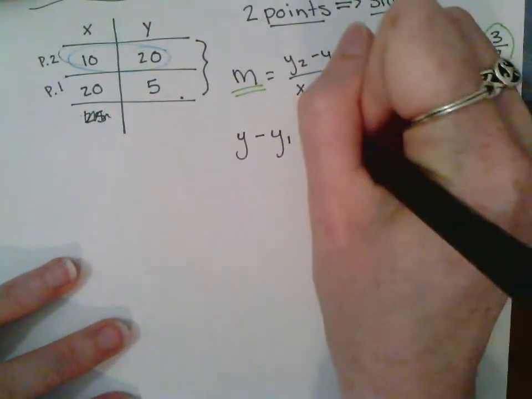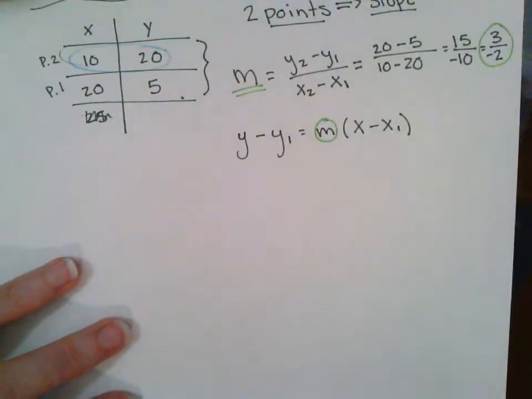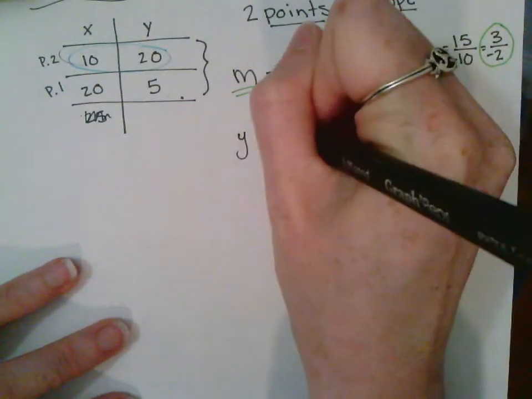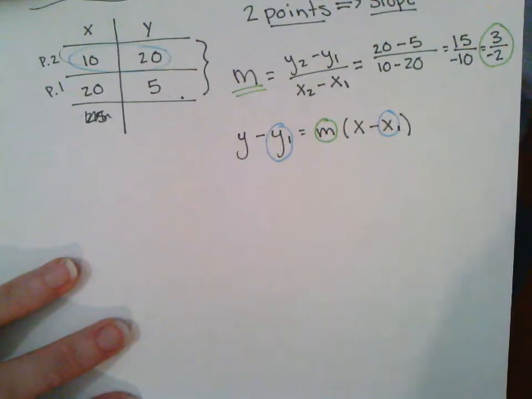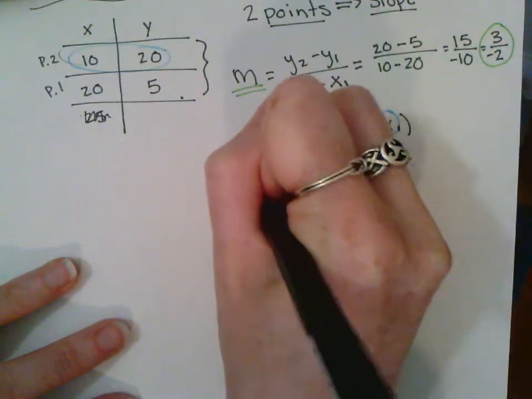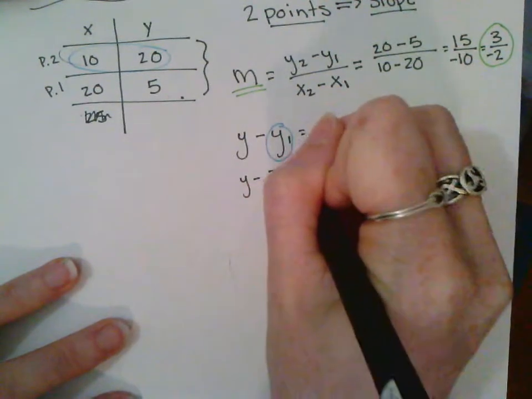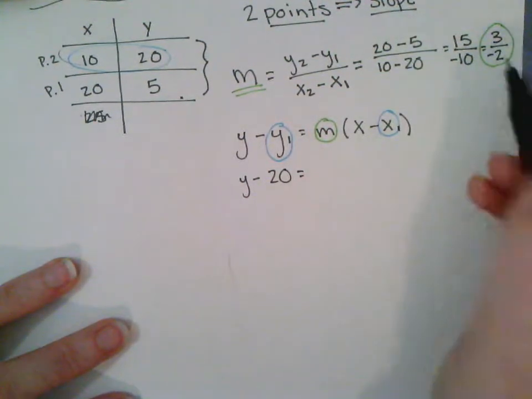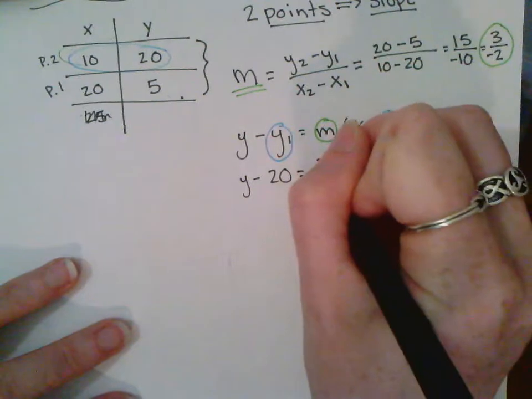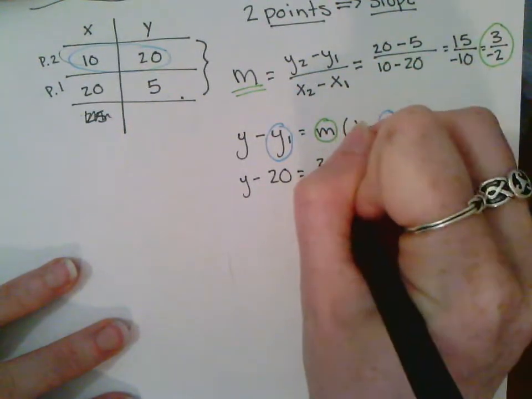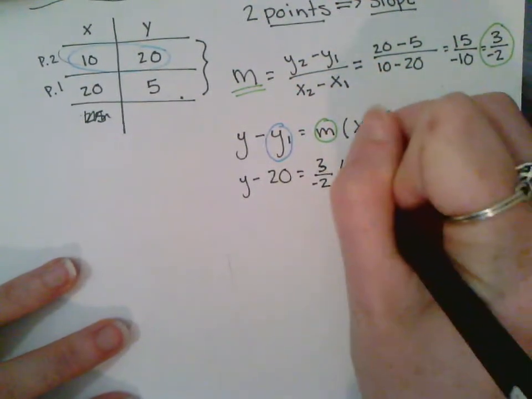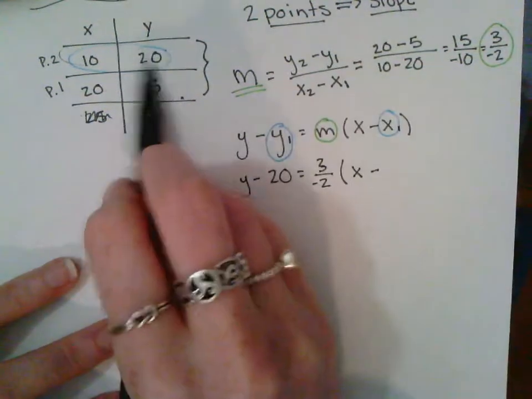So I'm going to replace my m, and I'm going to replace that y1 and that x1. So y minus my y value that I had, 20, is equal to m, 3 over negative 2, times x minus my x value for that point, 10.